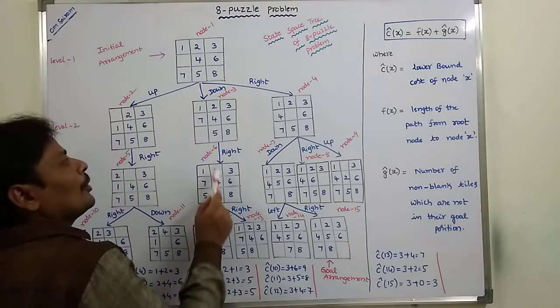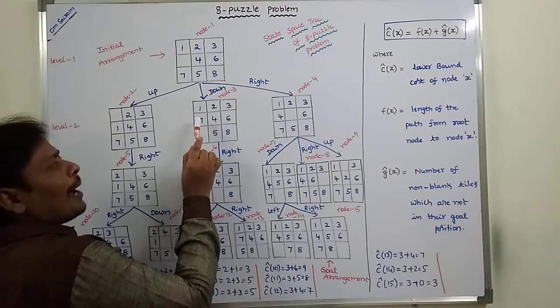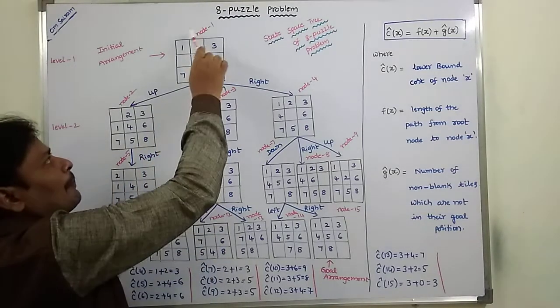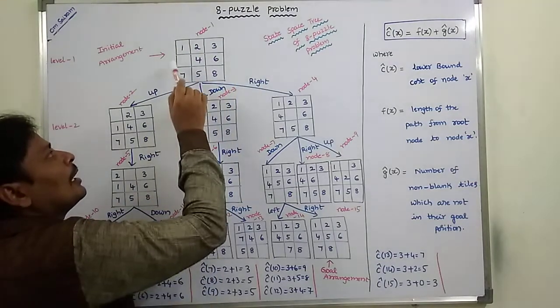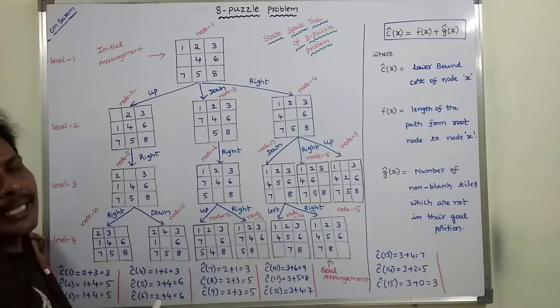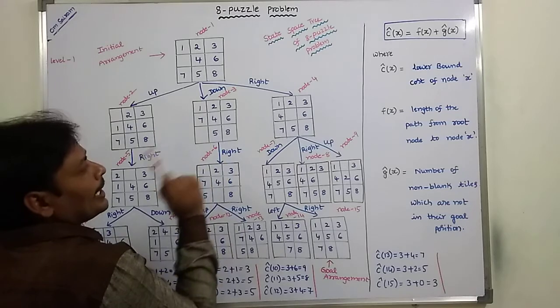Okay, next we go for this one. The empty tile can be moved to the up direction, but then the parent node becomes the result, so the up direction cannot be considered. The empty slot cannot be moved left. Only the right direction is possible. So the empty slot can be moved to the right direction.